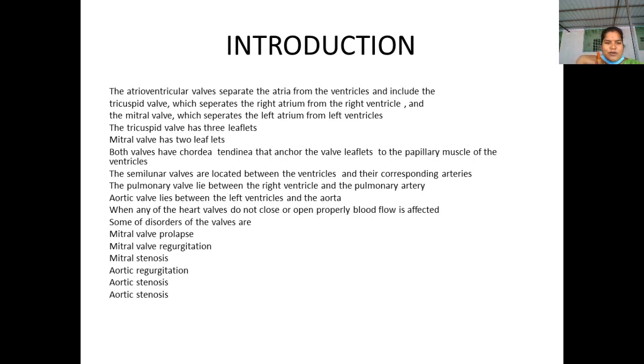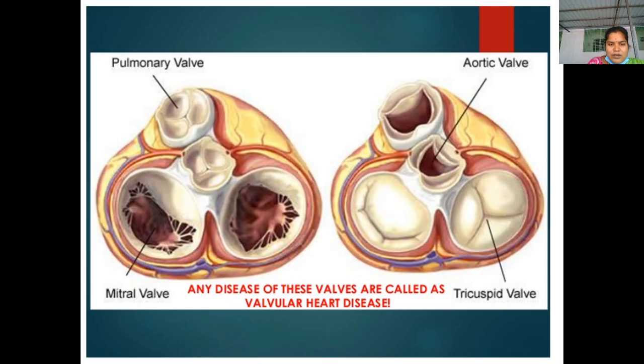Then there are the semilunar valves, which are two, named for their semilunar shape: the pulmonary valve and the aortic valve. The aortic valve is present between the left ventricle and aorta. The pulmonary valve is between the right ventricle and pulmonary artery. We'll go into detail.